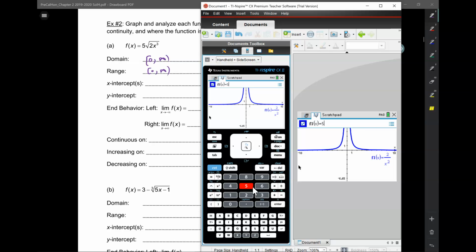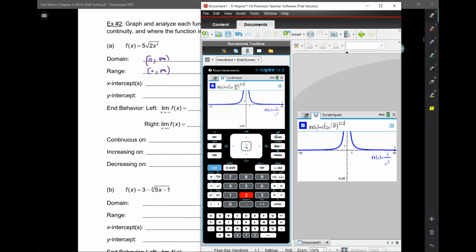I'm going to do 5 times 2x cubed, to the power of 1/2. Is that the same? Yeah. I didn't have to put that 3 in parentheses. It just sort of worked out.